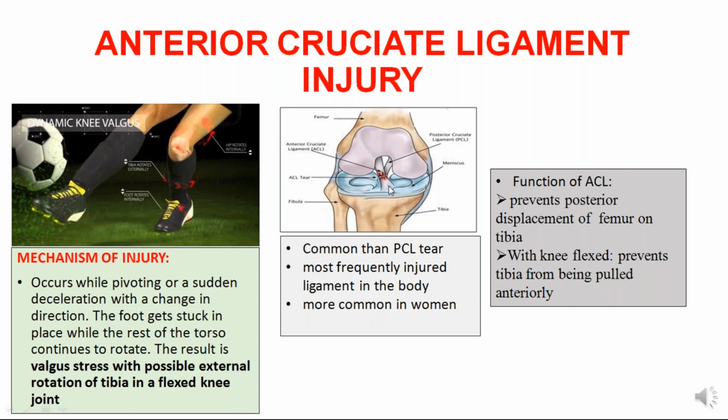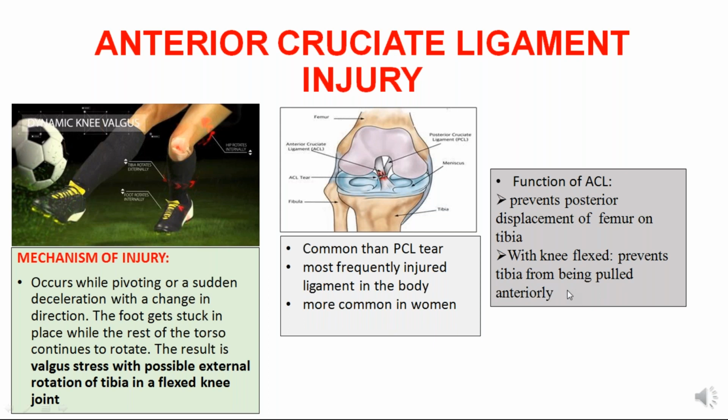Remember, it was arising from the anterior part of the intercondylar area of the tibia, and it was inserted to the medial surface of the posterior part of the lateral condyle. Now, do you remember the functions of the anterior cruciate ligament? Yes, it was the prevention of the posterior displacement of the femur on the tibia, and with the knee flexed, it was preventing the tibia from being pulled anteriorly.